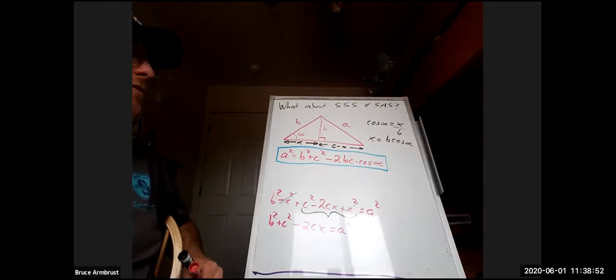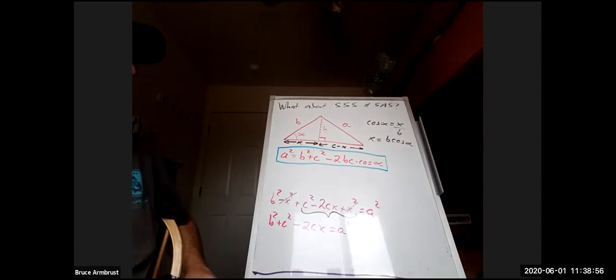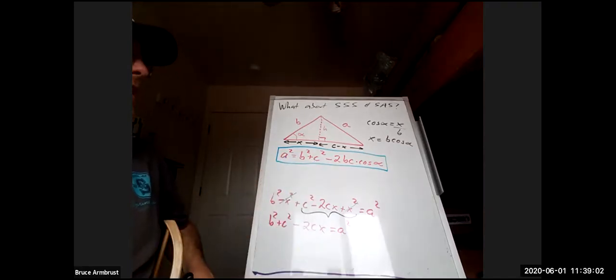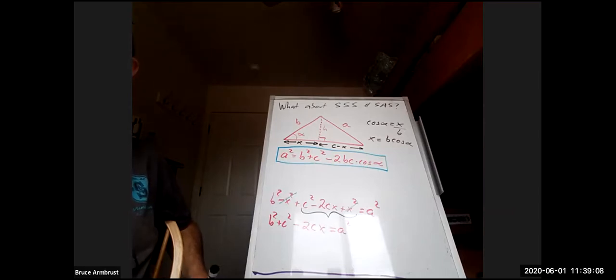So it's called the law of cosines because it involves the cosine of an angle. But notice what this includes. This includes all three sides, a, b, and c, and then in this case, the angle opposite a. So you can see why this is going to work for side, side, side, for example.